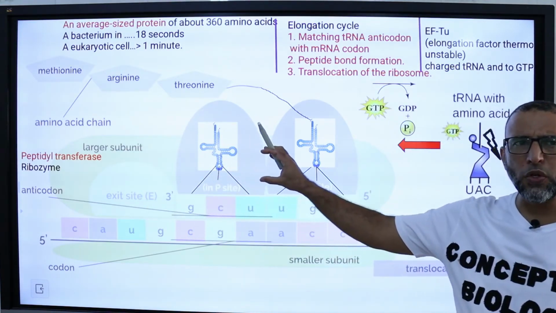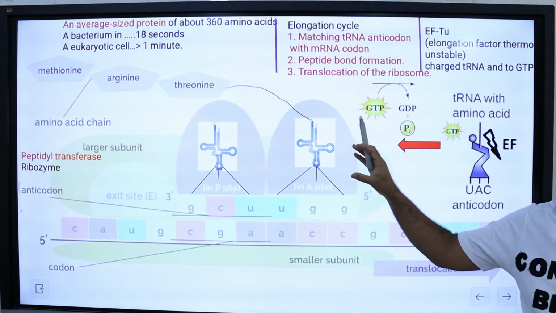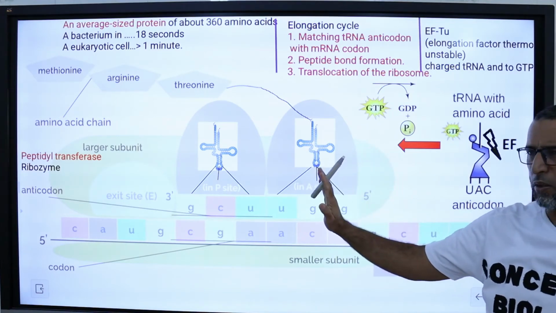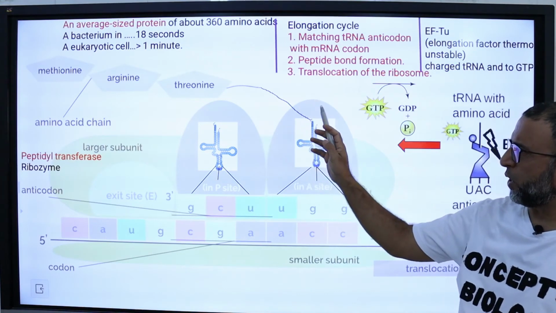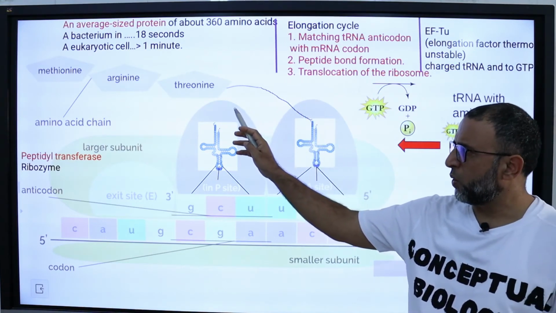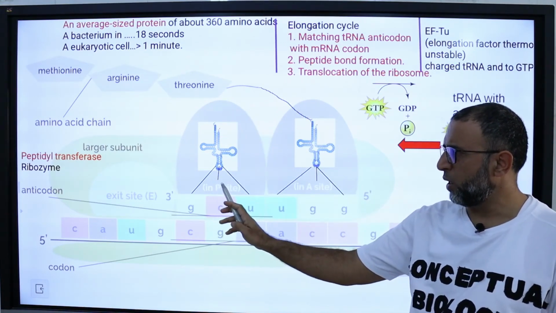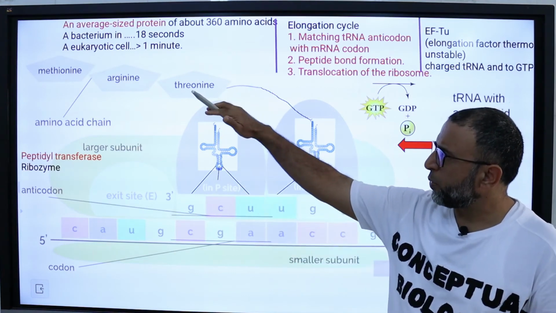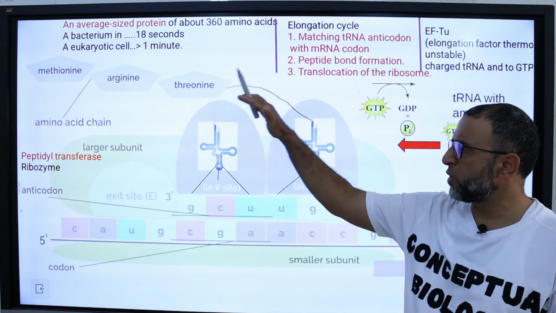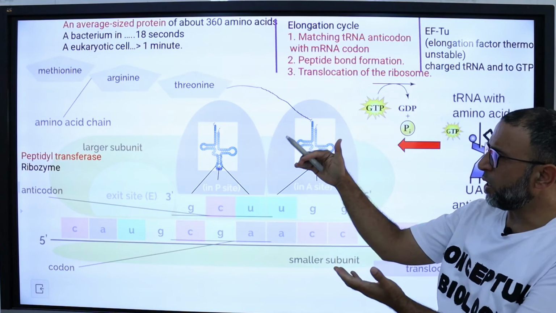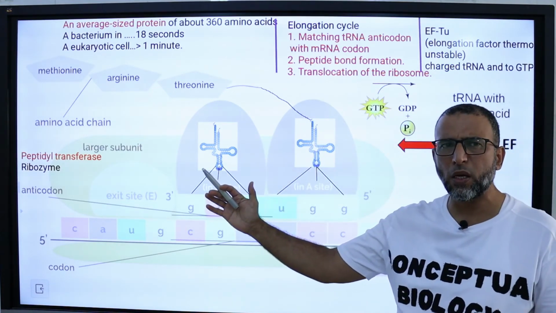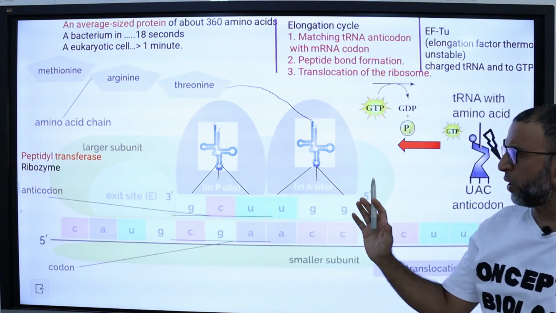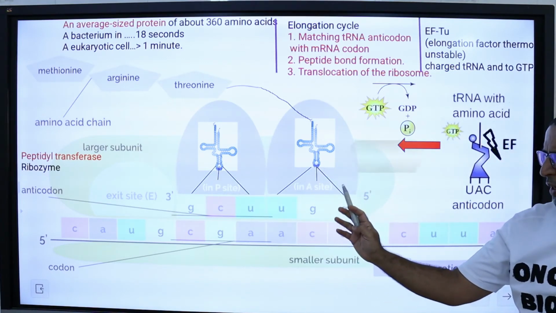This elongation process continues with a new amino acid added here in the A site. Then a peptide bond formation takes place between the amino acid and the growing polypeptide chain in the P site. So, the polypeptide chain is shifted from the P site to the A site. Again the ribosome moves to the next codon.